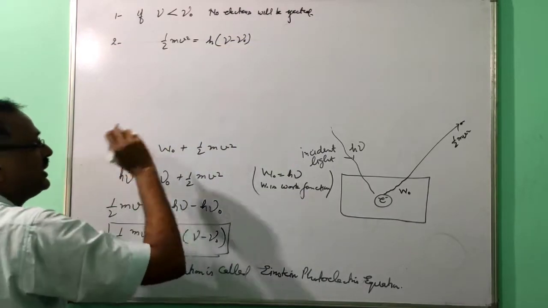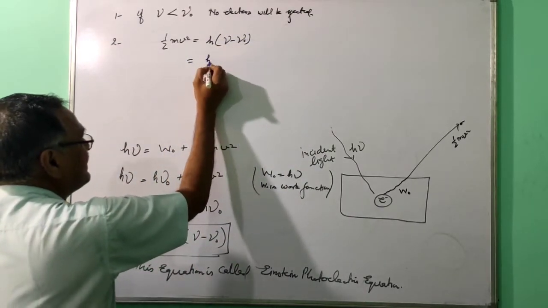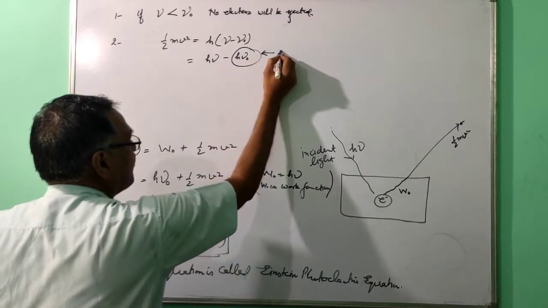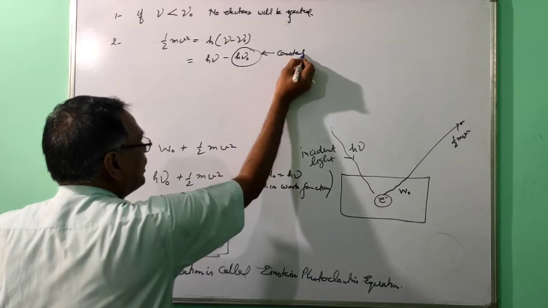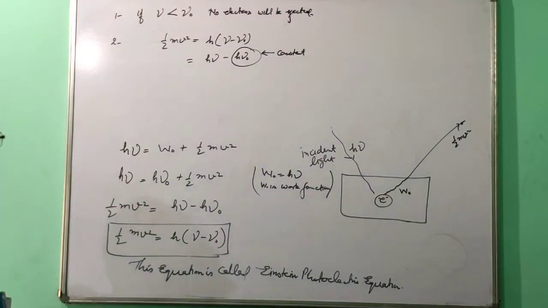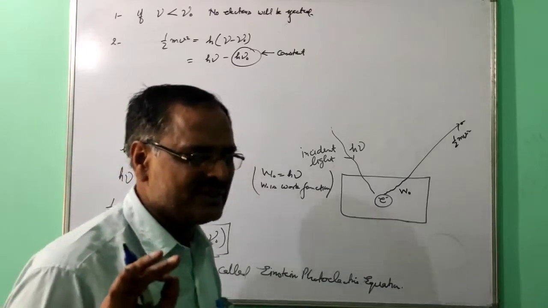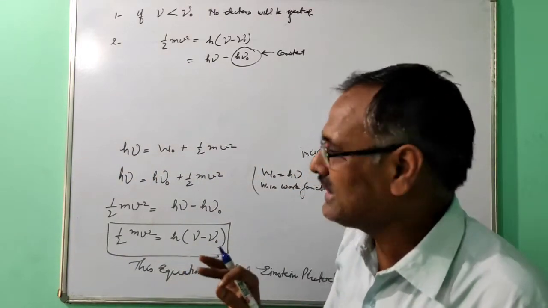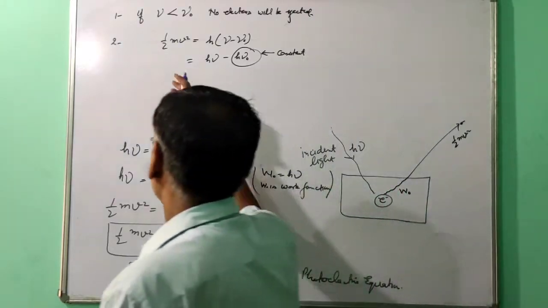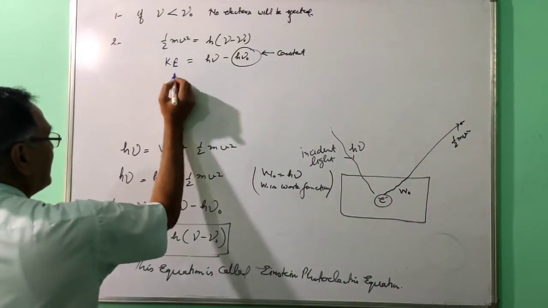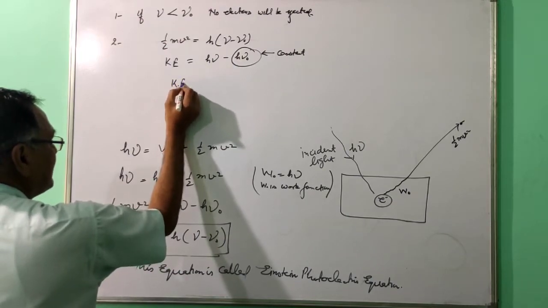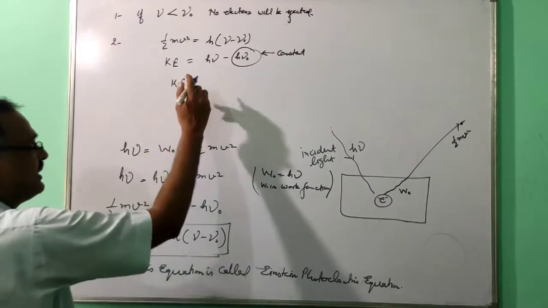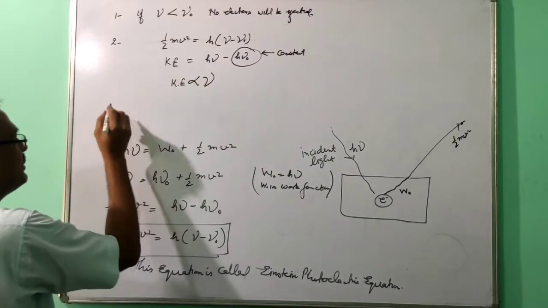If you write it in this way, this is a constant, because the threshold frequency or work function of any metal, if you go through the book, the values are given for different metals. So the work function is constant, and h is also constant, so kinetic energy is directly proportional to the frequency.